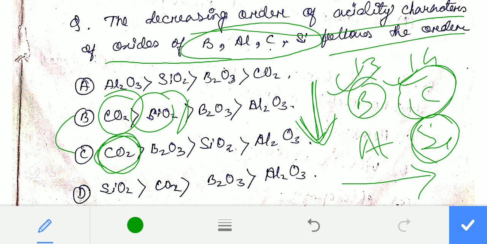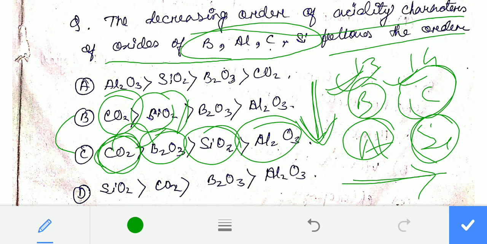Then since boron is right next to carbon in electronegativity, B2O3 will be the acidic species right after CO2, then SiO2, and at the least Al2O3, because along the period electronegativity increases, and aluminum is to the left of silicon.